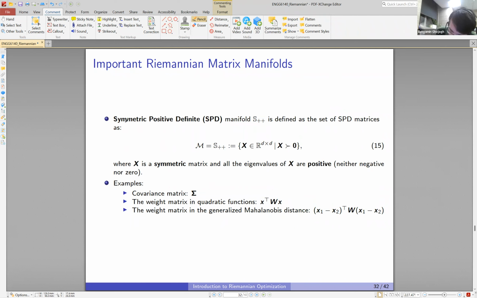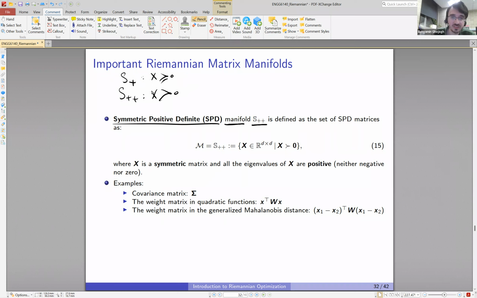Symmetric positive definite manifold, or SPD manifold. We denote it by S++. S+ means X belongs to the positive semi-definite cone. It means that its eigenvalues are either 0 or positive. They are non-negative. But S++ means X is positive definite.